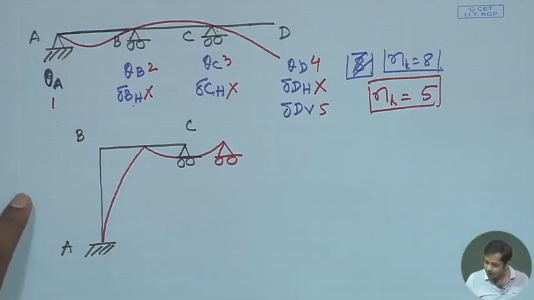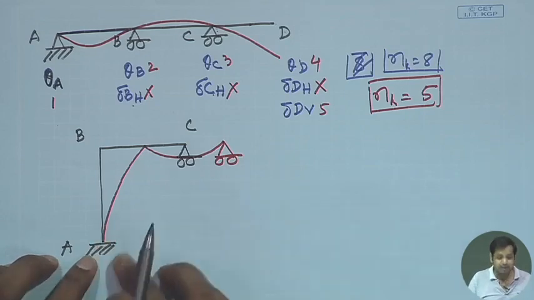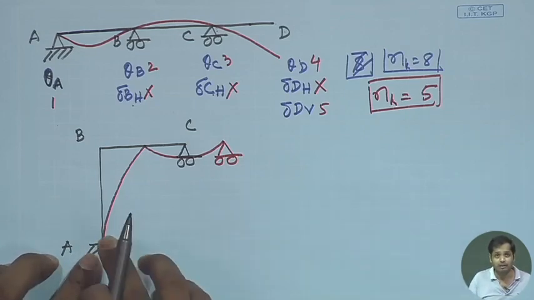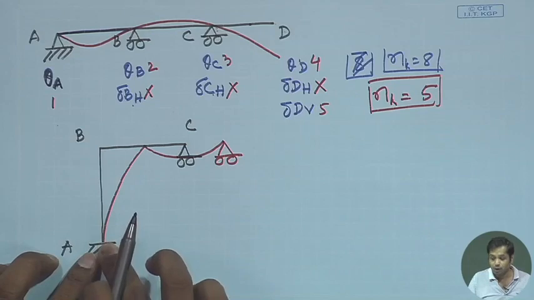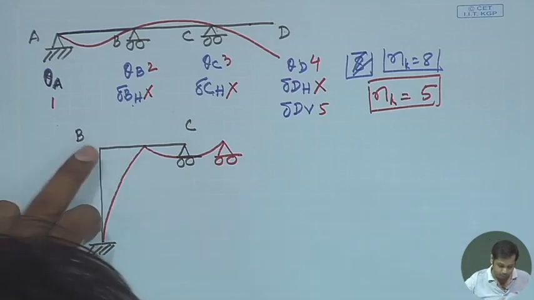Okay. Now, at this point it is a fixed support, so the degrees of freedom is 0; rotation is not allowed, and any translation is not allowed. Okay. And what at point B?